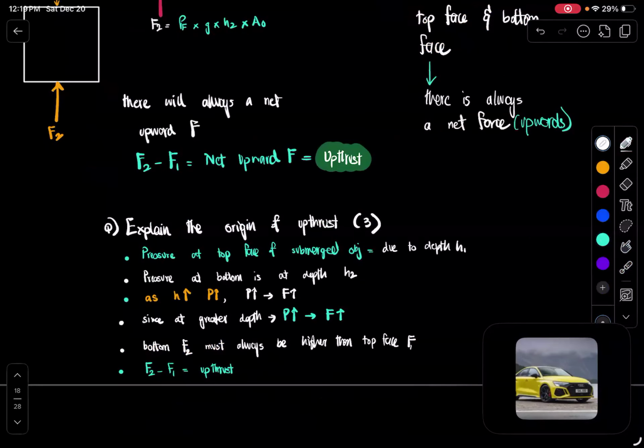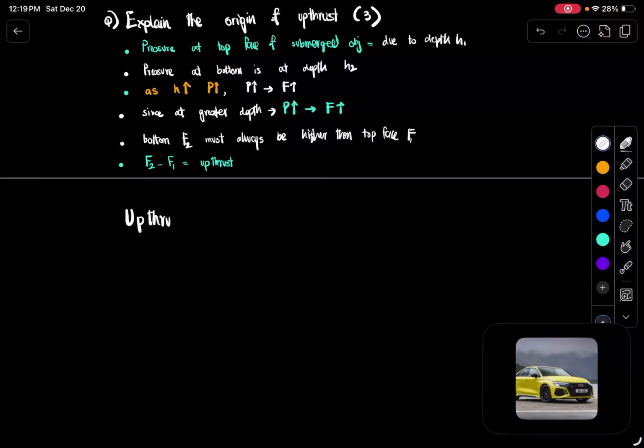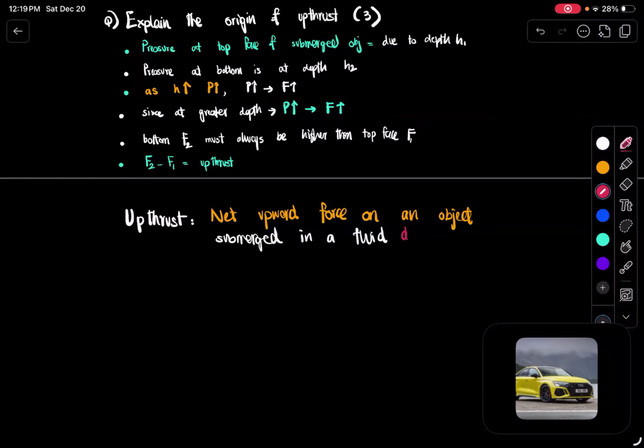If you were to define upthrust in a single line, for 1 mark, you would say that it is the net upward force on an object submerged in a fluid due to pressure difference between depths.